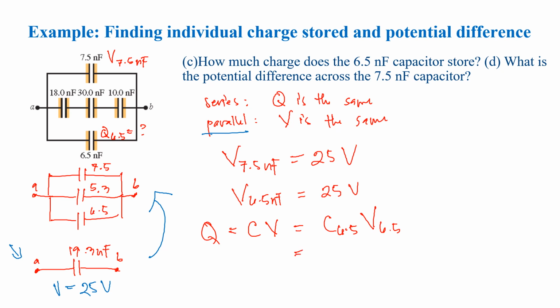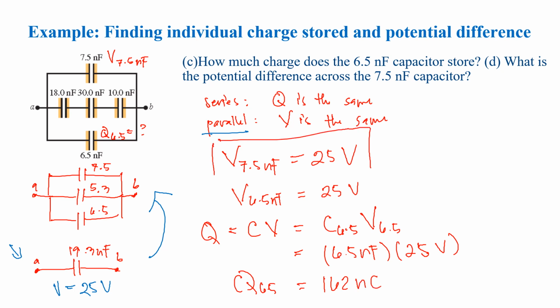So you have a capacitance of 6.5 nanofarads times the voltage, which is 25 volts. This is straightforward. So the charge at the 6.5 is equal to 162 nanocoulombs.